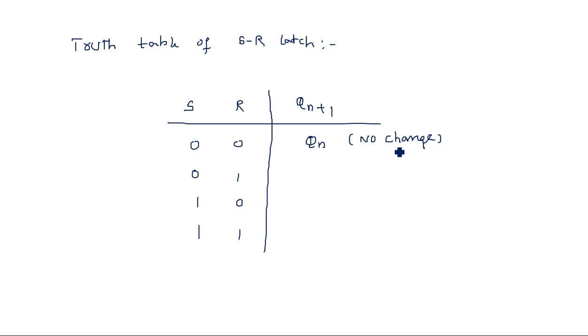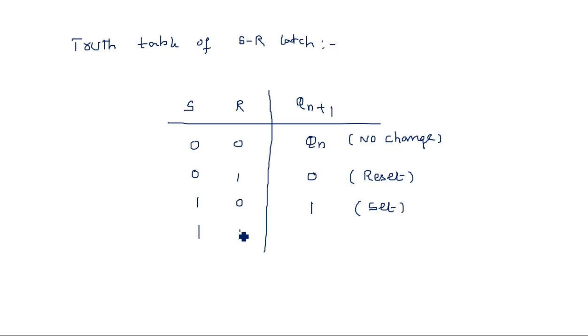These truth tables are very important. And 0 1, S is equal to 0, reset is equal to 1. Reset is enabled here. That means output is reset to 0. There reset operation is performed. And set is equal to 1, reset is equal to 0. Reset is not having any impact. Set is equal to 1 means sets the output to 1. So it is set.